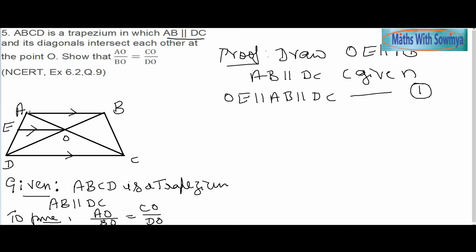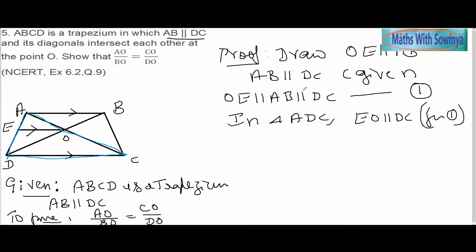Now I shall take the triangle ADC here. So this is my triangle. In triangle ADC, we know that this EO is parallel to DC from 1.